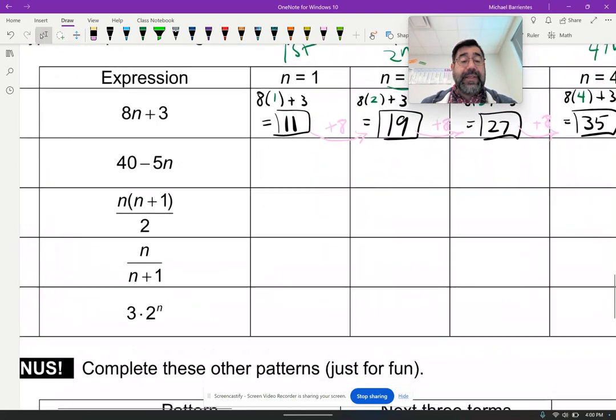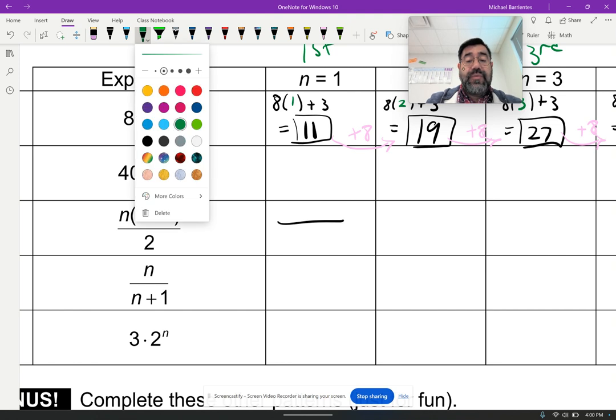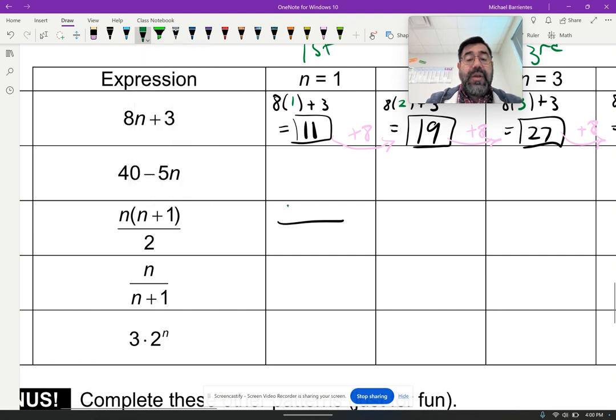Can you do number 15? Number 15. The formula says take the position number, so in our case, that would be 1. Let me use green since I used it here. 1 times the position number plus 1, and divide everything by 2.